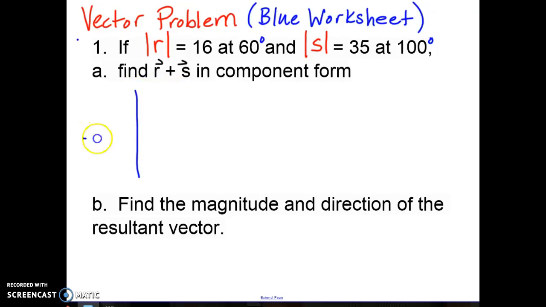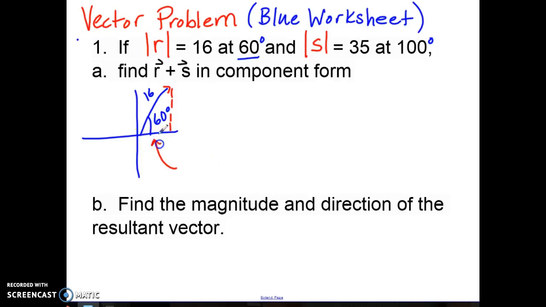Now in these, I'm going to do one graphically, and then I'll just put one in component form. So if we look at 60 degrees, this isn't saying bearing. This is just saying at the directional angle 60 degrees. So this is 60 degrees, and our magnitude is 16. Okay, so I'm just going to drop down my triangle here.